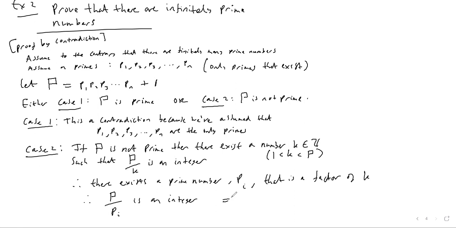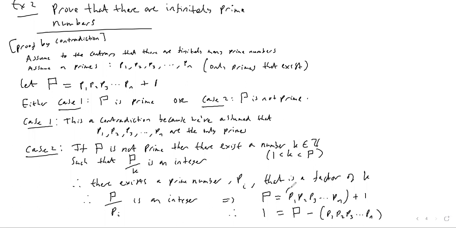If we write this equation again, capital P is equal to P1 times P2 times P3 times all these other prime numbers up to Pn plus 1. So therefore, the number 1 is equal to capital P take away P1 times P2 times P3 all the way up to Pn.